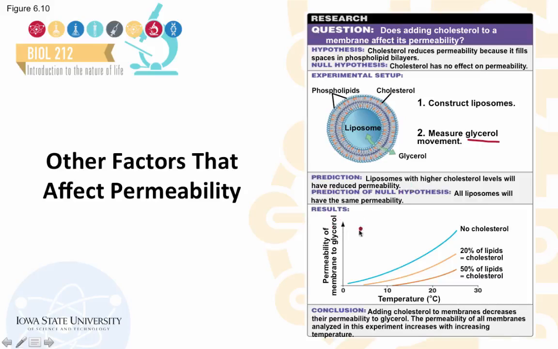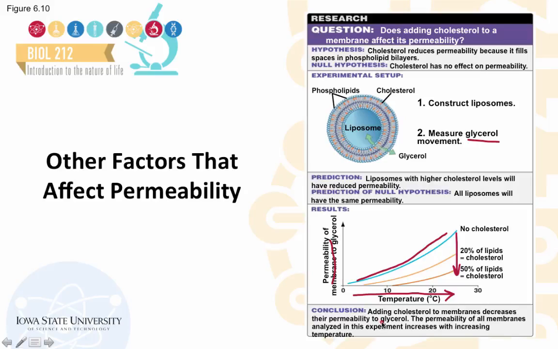When they collected their data, they found that the membranes that contained no cholesterol were more permeable to glycerol than were membranes with either 20% of cholesterol in them or 50% of cholesterol in them. This permeability increased with an increase in temperature, which is another factor that influences the permeability of membranes.